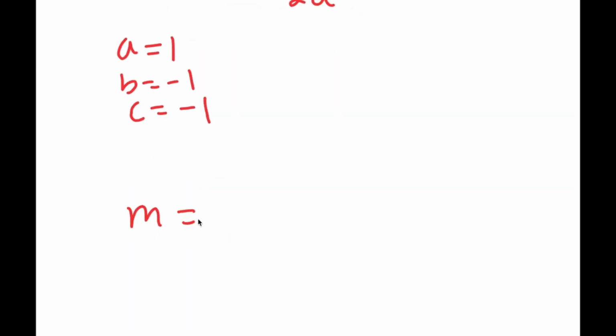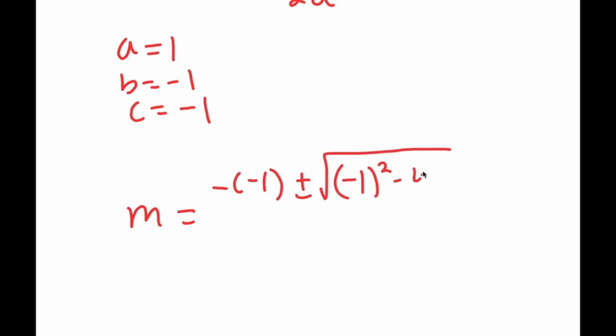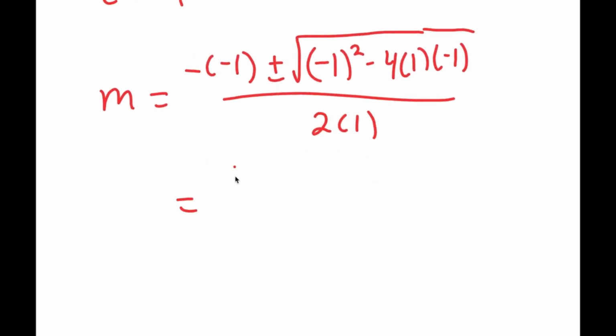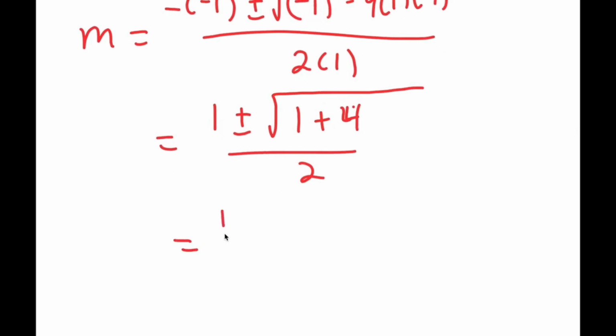So I get m is equal to negative of negative 1 plus or minus the square root of negative 1 squared minus 4 times a, which is 1, times c, which is negative 1, all over 2a, so 2 times 1. And this turns into positive 1 plus or minus the square root of 1 plus 4 over 2, which is equal to 1 plus or minus the square root of 5 over 2.